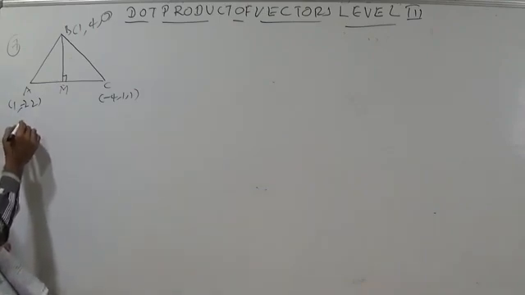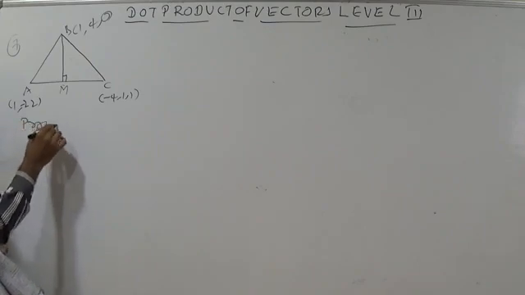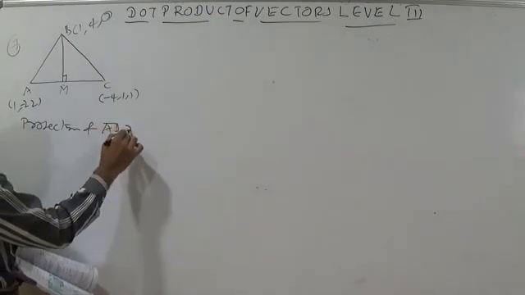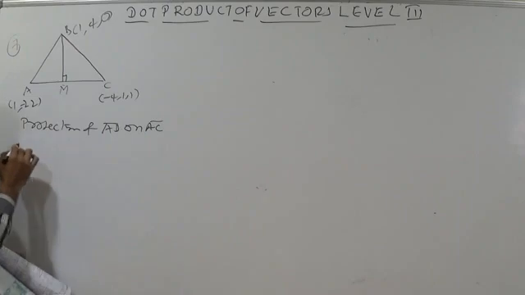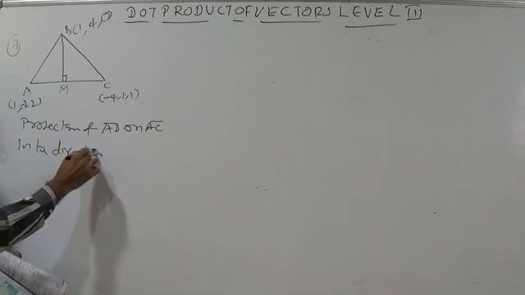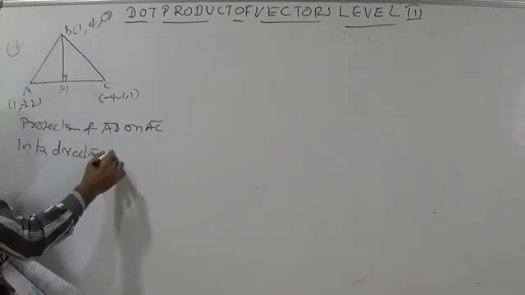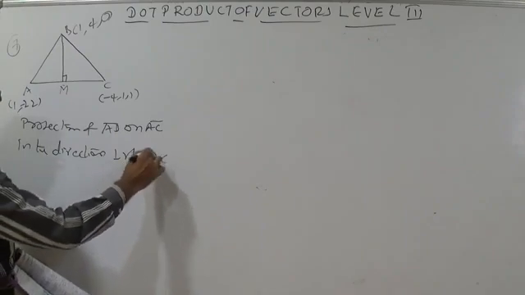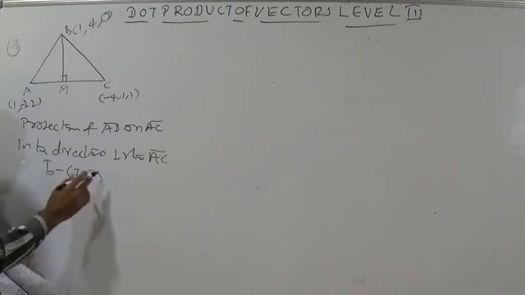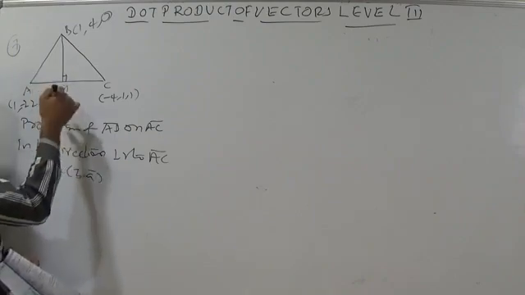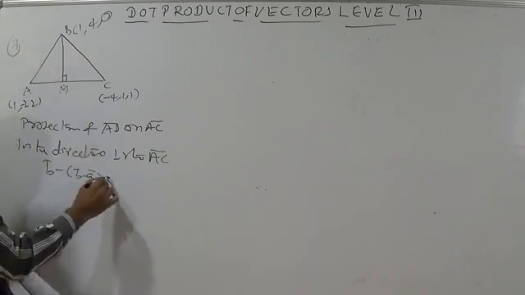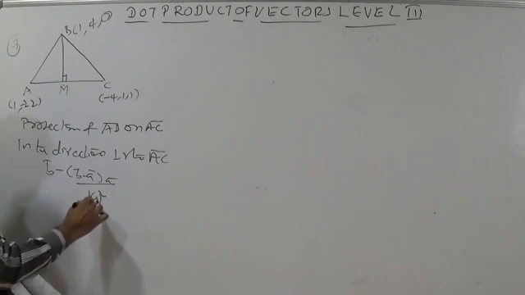But try to understand that the altitude is drawn from the vertex, so we can write the projection concept here. Projection of AB on AC, in the direction perpendicular to AC. We know the formula: B bar minus (B bar dot A bar) times A bar by modulus of A bar squared. I gave the proof also in the concept.